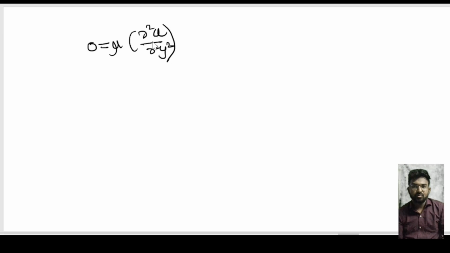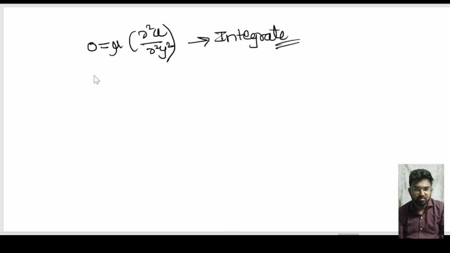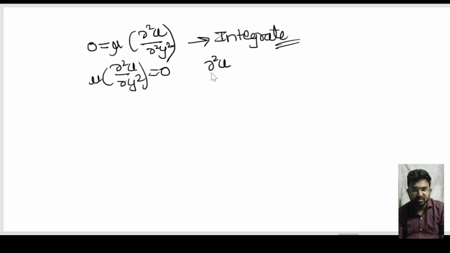Okay, so to remove this second order partial differential equation, we have to integrate it. So you will be left with del square u by del y square equal to 0.